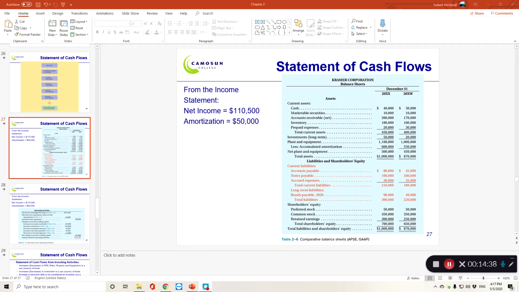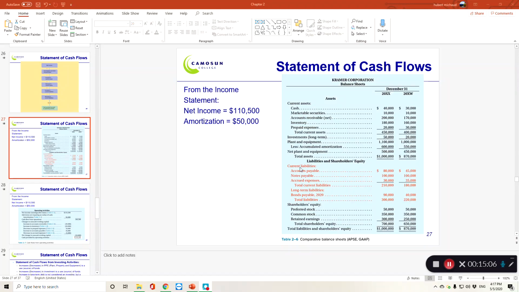This means that we didn't pay our suppliers as much. We basically got more credit from our suppliers and we need to pay them more money later. So this is actually a source of cash. We found some cash by not paying our suppliers right now. So we should see an increase of $35,000 from accounts payable as positive cash flow.